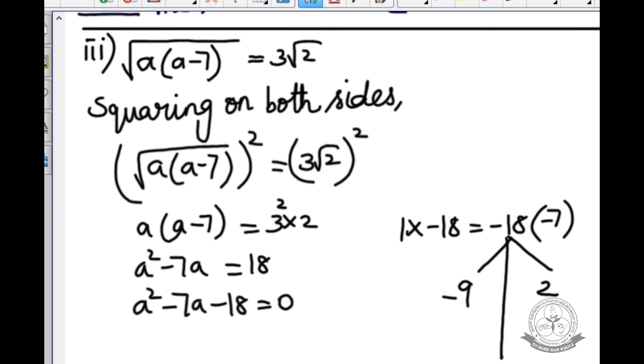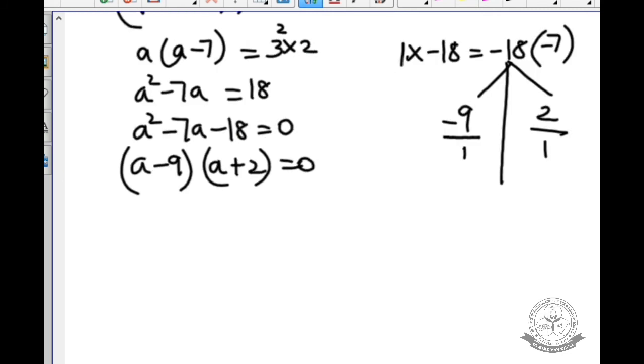Here the coefficient of a squared is 1, so we can divide it by 1. Here the variable is a. So denominator 1 into a, numerator minus 9. Next denominator 1 into a plus 2 equal to 0. The product of two terms is 0 means either of the terms is 0. So a minus 9 equal to 0 or a plus 2 equal to 0.